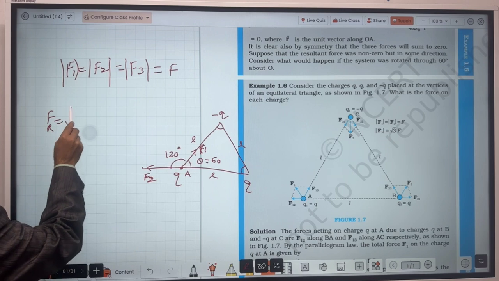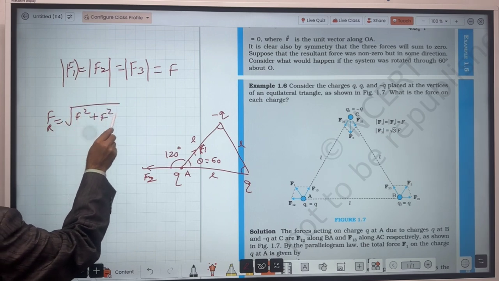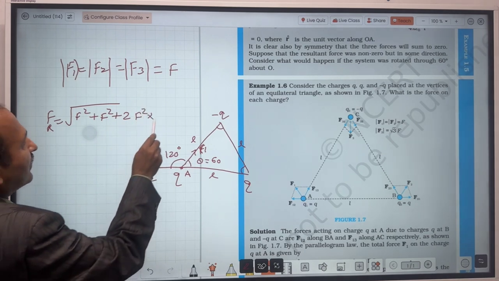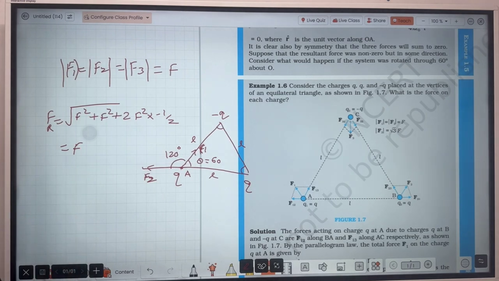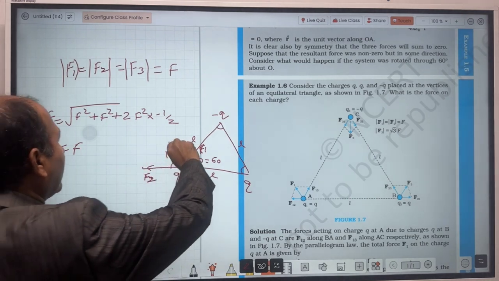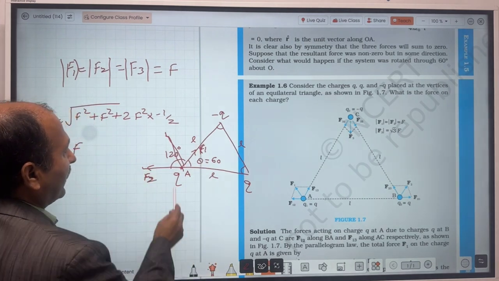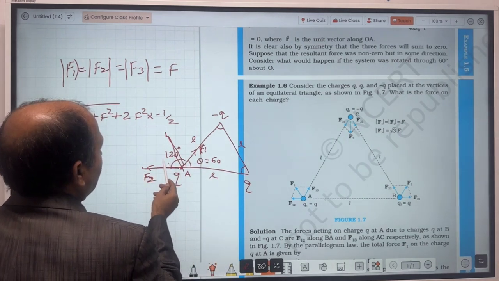F resultant will be root of F square plus F square plus 2F square into cos 120, that is minus half. So ultimately we will get F. So resultant will be F, and it will be in between the two forces because they have equal magnitude. So you can say this angle will also be 60 degrees.